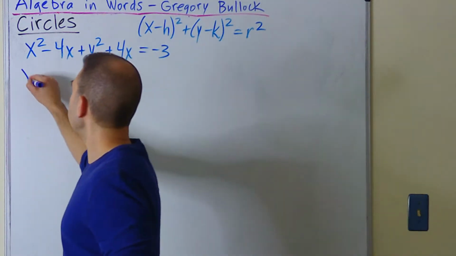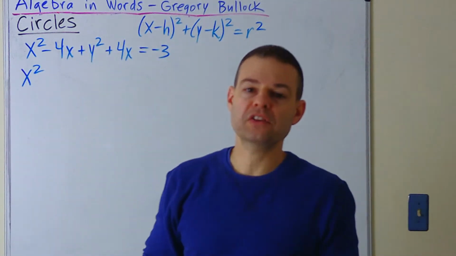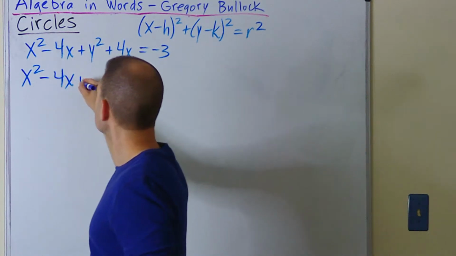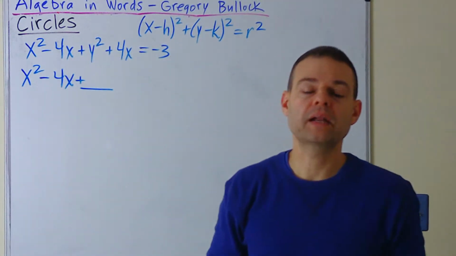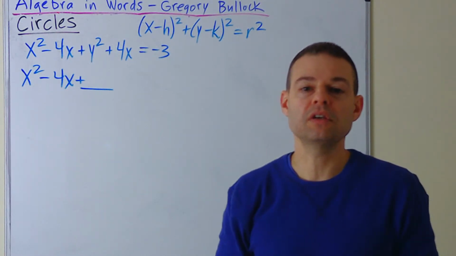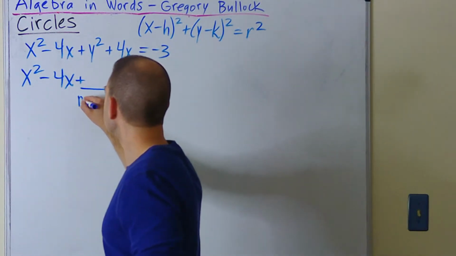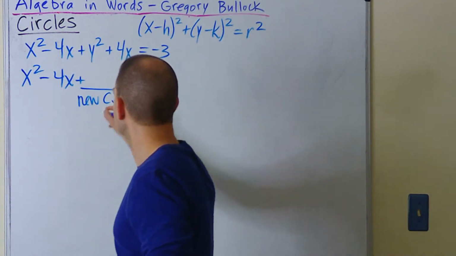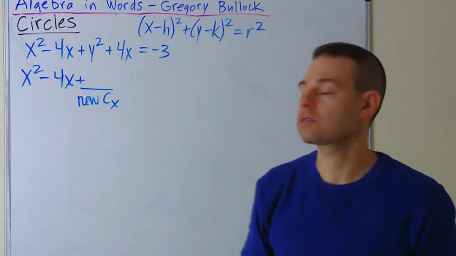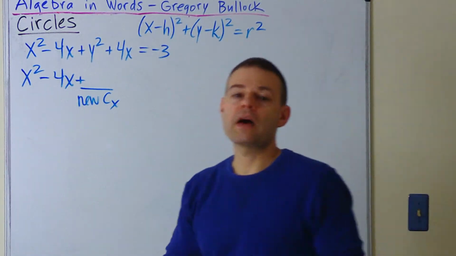So I'm going to write x squared minus 4x plus, and I'm going to leave space. And under that, I'm going to call that the new c of x. So I wrote a little subscript x. That's the new c for x. All right, and now the y terms.